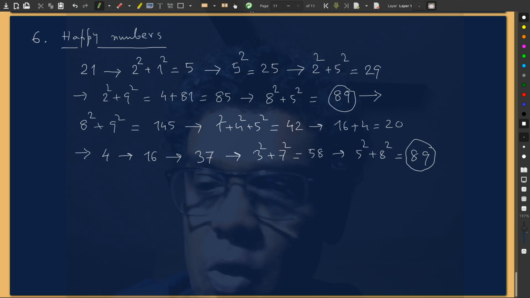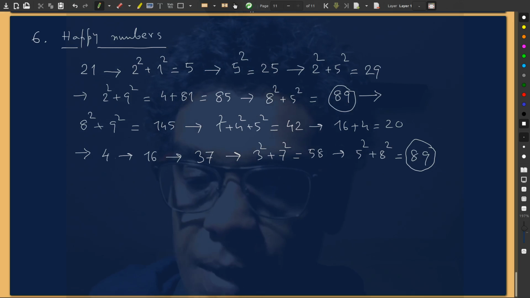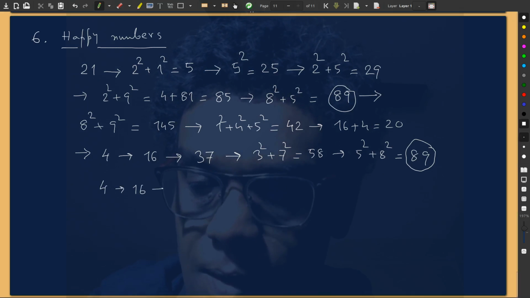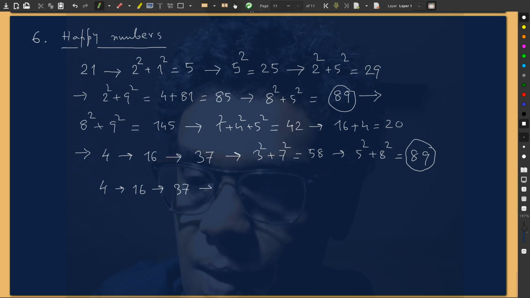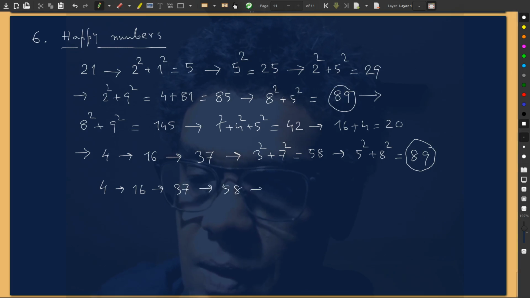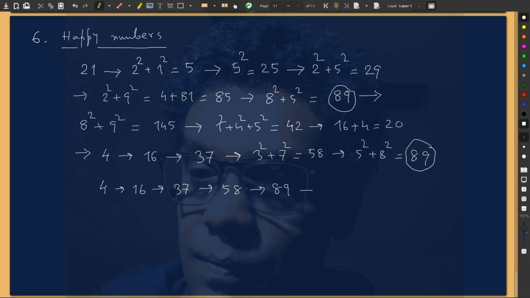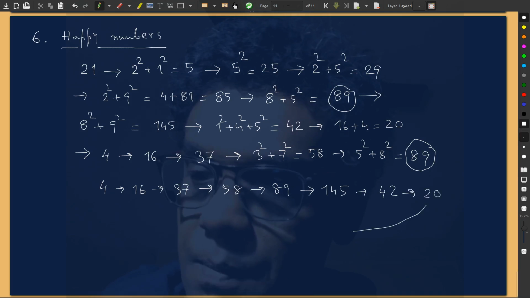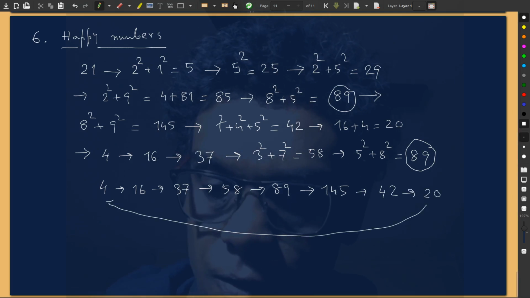And what is that loop? So typically you usually start with this 4, 16, 37, 58, 89, 145, 42, 20, and once again back to 4.